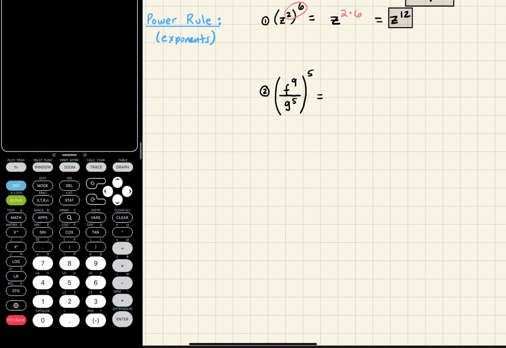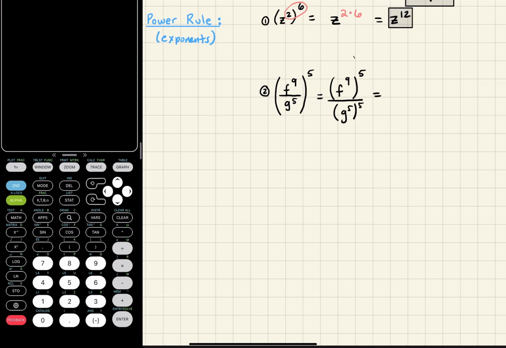And last one here, we've got two different terms. We can't reduce these terms because they have different bases. So all we can do is apply the power rule here. We need to apply this exponent to both terms. So we will have f to the 9 raised to the 5th power over g to the 5th raised to the 5th power.